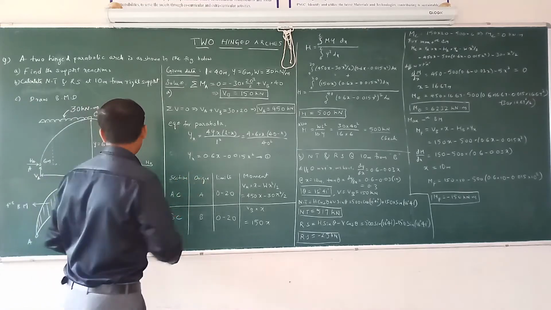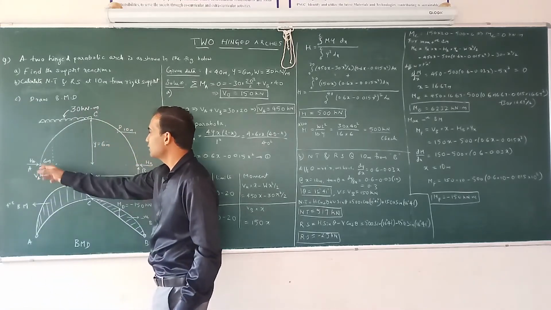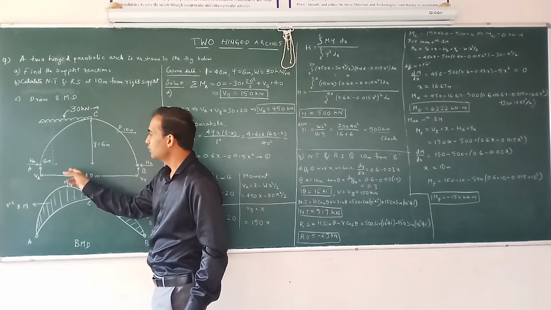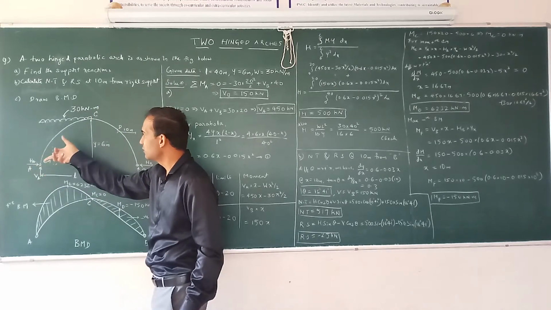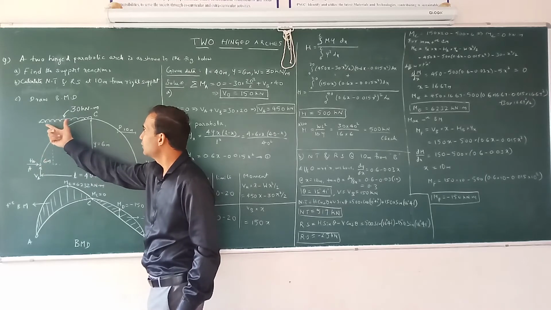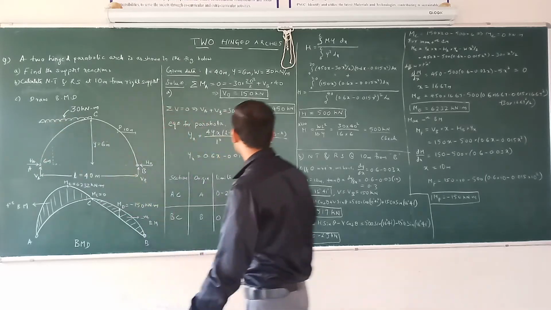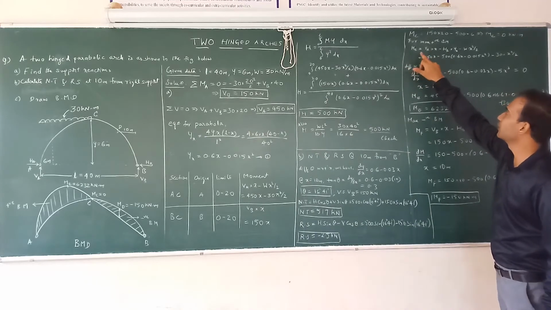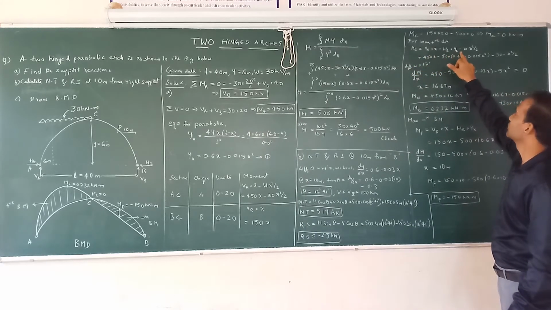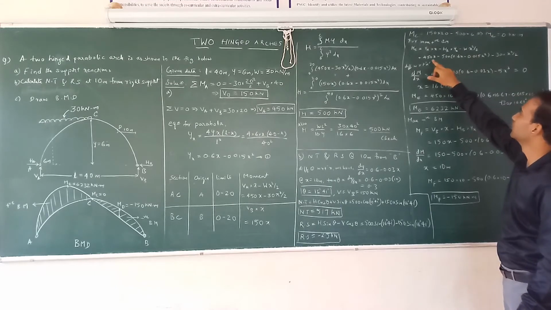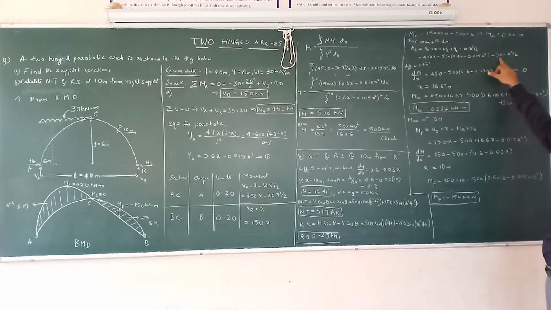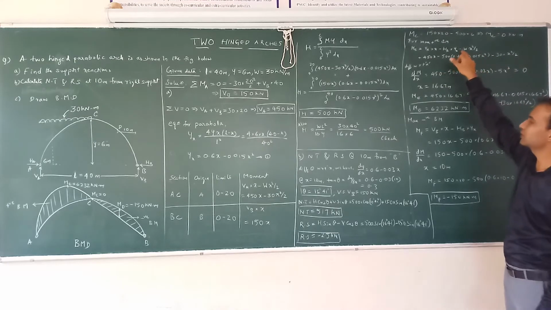Calling this section point E, the moment is VA into x minus HA into y of x minus W into x by 2. VA is 450, HA is 500, W is 30. Substitute everything; y of x is this equation. Substitute here, and now you have an equation.